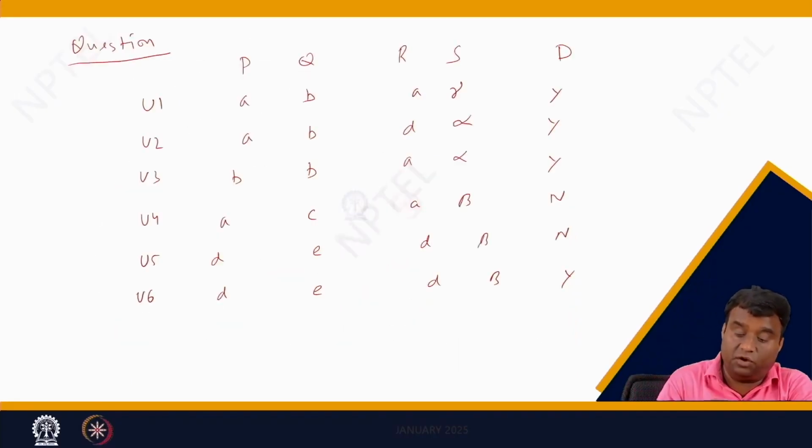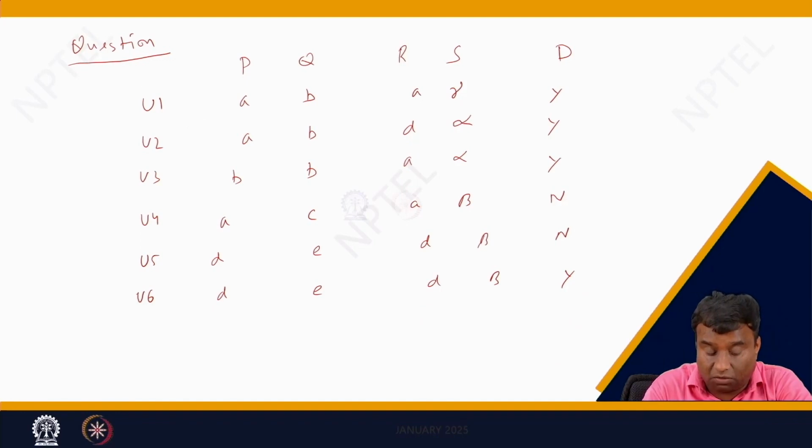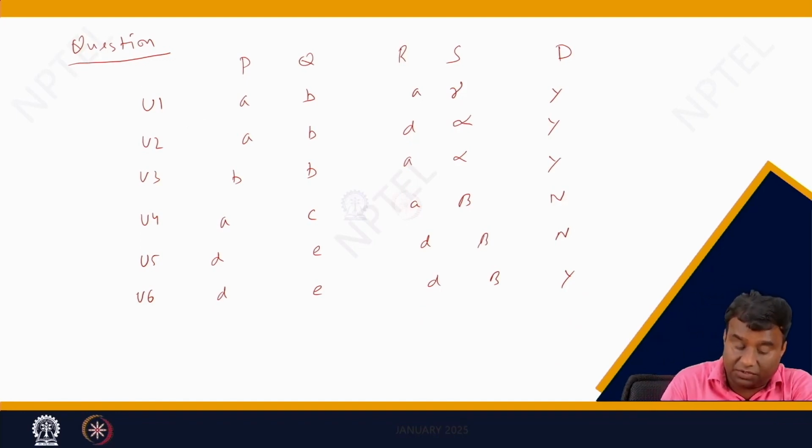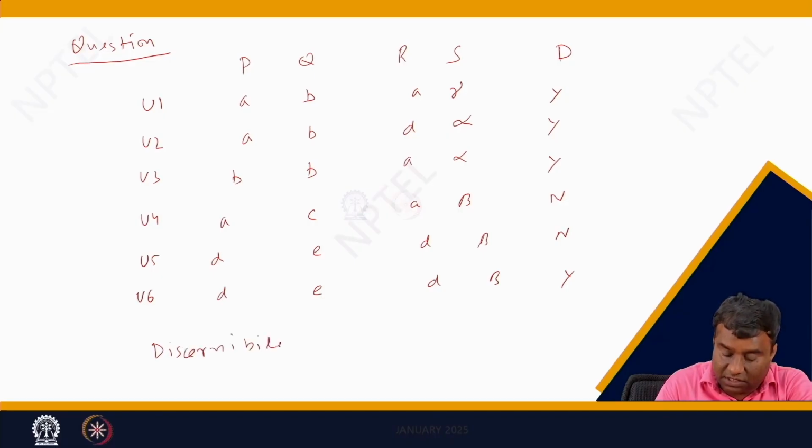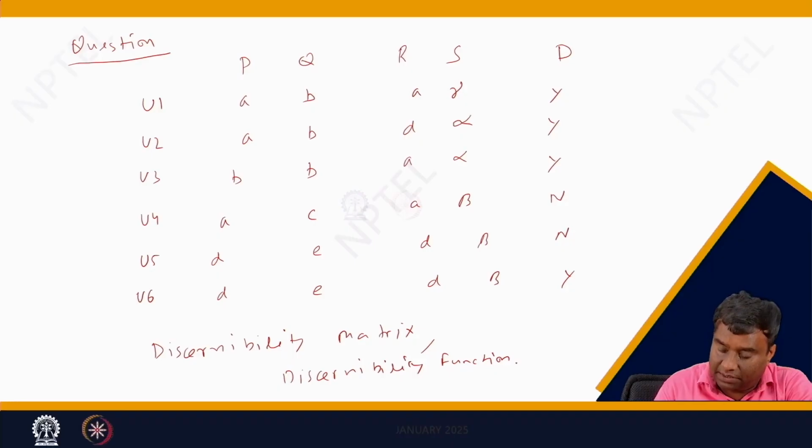Now with the help of all the previous concepts, try to find the discernibility matrix, find the discernibility functions, and the reduct and core.